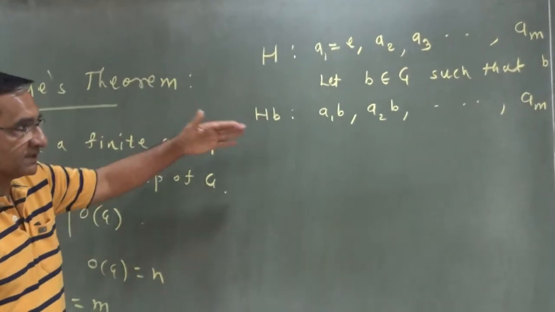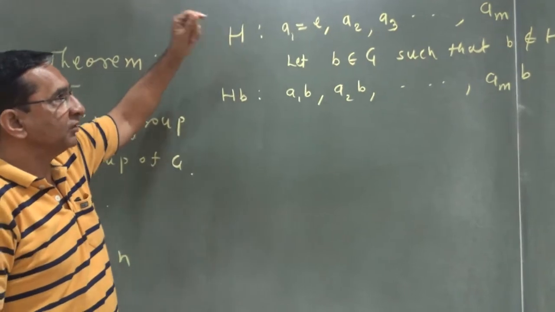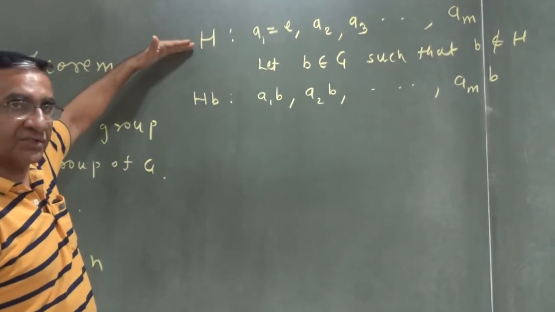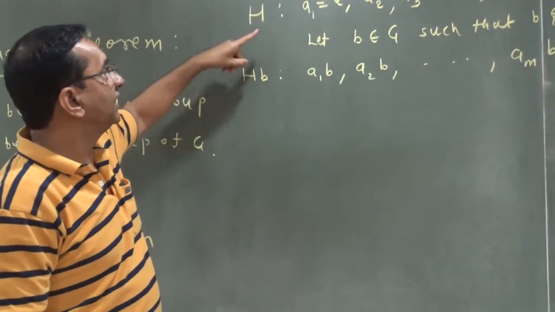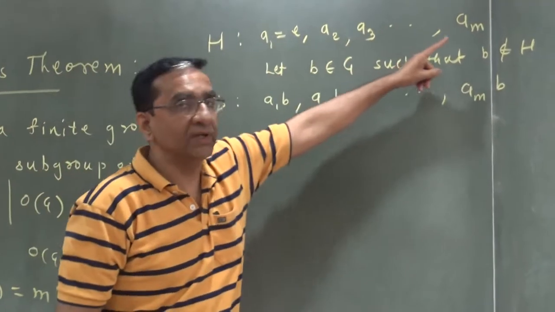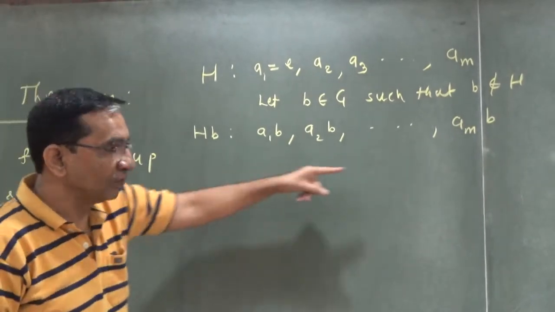But I continue this. Suppose there is some element of G which is neither in H nor in HB. I take that element and again multiply to each element of H to form the third row of this array.